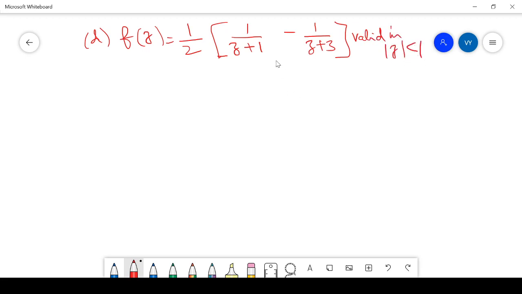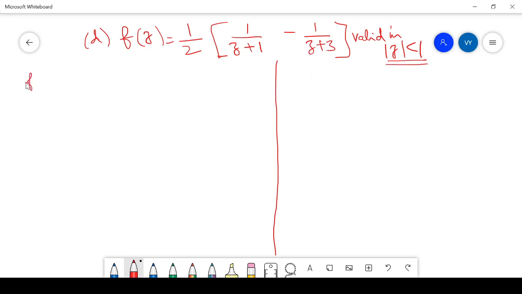Okay, so in this case, in the previous problem you had the validity in mod z greater than 3, you have to find expansion. Now you require the expansion in mod z less than 1.